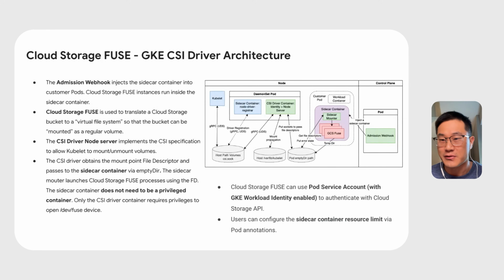And then the CSI driver will pass the file descriptor using a socket in an emptyDir to the sidecar container. On the sidecar container side, the sidecar mounter will be the entry point of the sidecar container. It will get the file descriptor and launch GCS FUSE instances. Whenever the GCS FUSE instance starts to serve the mount point, the connection is done.